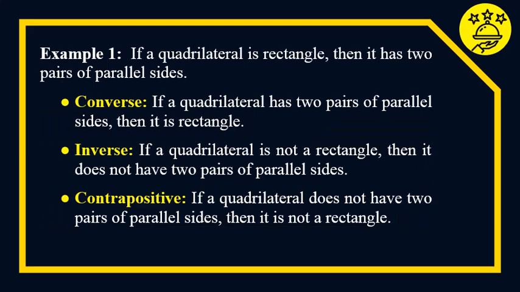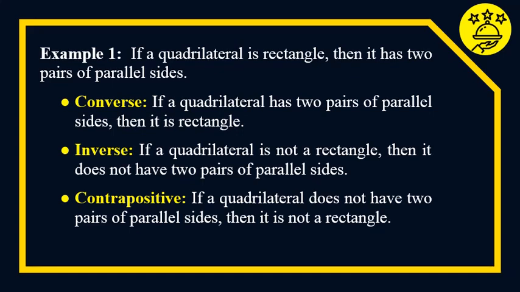Now, let us have an example. If a quadrilateral is a rectangle, then it has two pairs of parallel sides. Again, our conditional statement is: if a quadrilateral is a rectangle, then it has two pairs of parallel sides. So our hypothesis is: a quadrilateral is a rectangle.